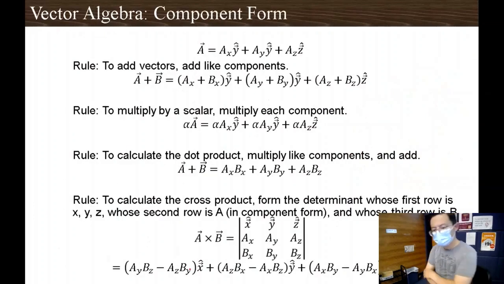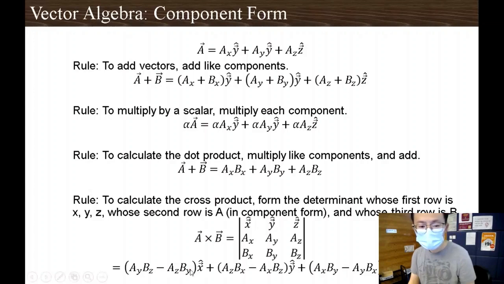Now I've talked to you before about the component form, right? You can always write out your vector explicitly in terms of AX, AY, and AZ. Now if you write down everything in the component form, everything follows straightforwardly.